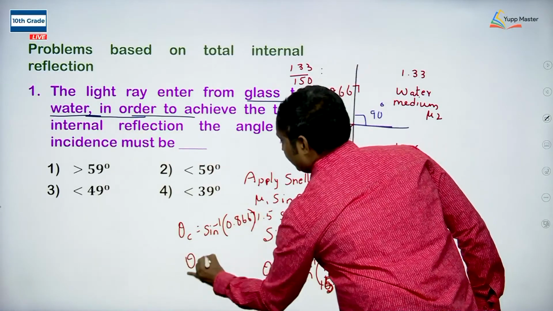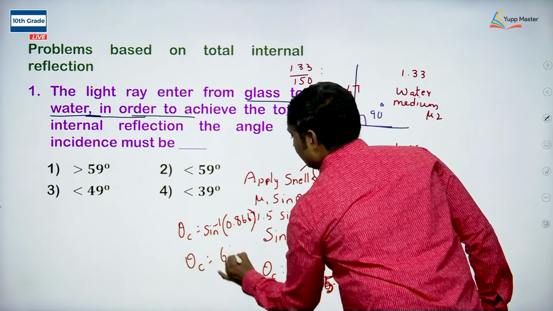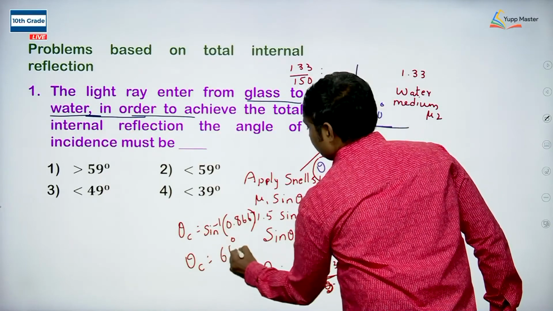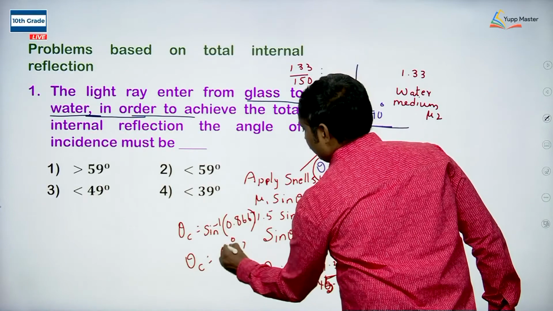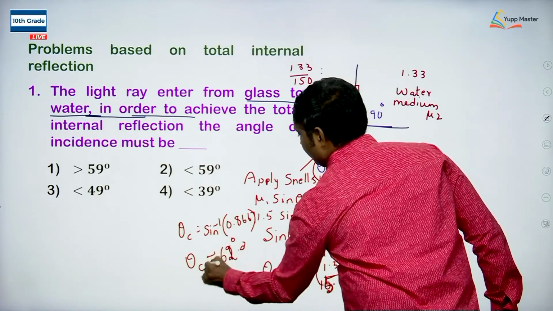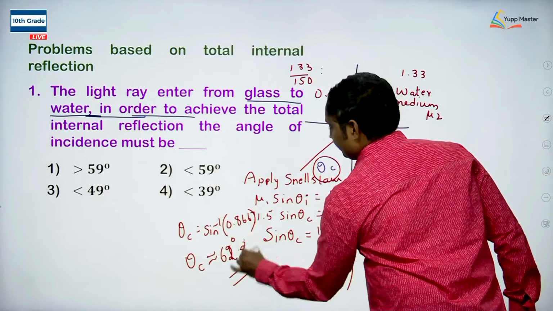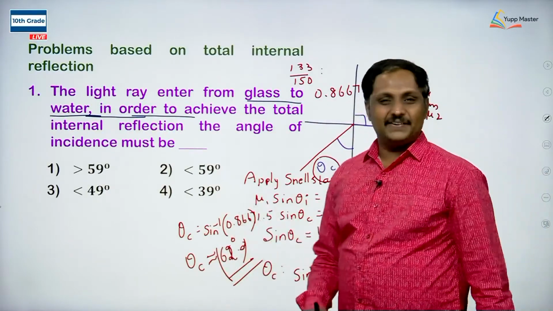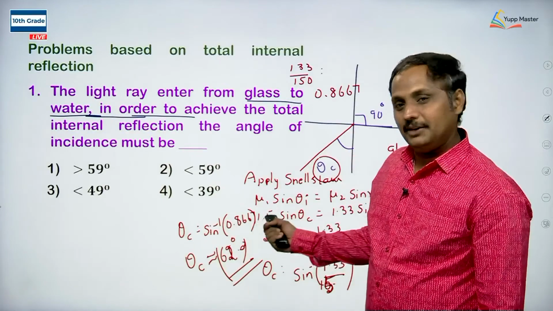So theta c is around 61 degrees, approximately 62 degrees, more than 60 nearly.